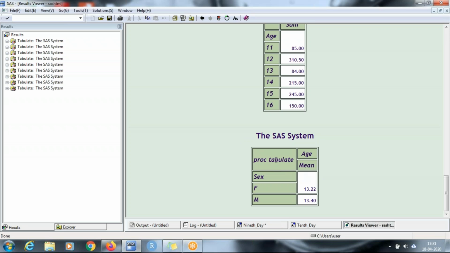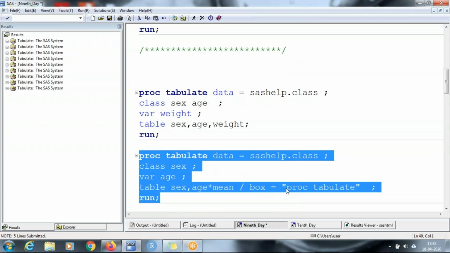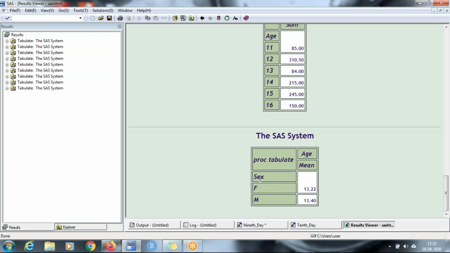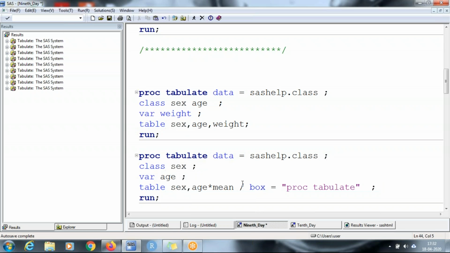So proc tabulate is coming in the box because we have defined it over here. Now you don't want this to be printed, or you want a different name for mean. So we can change that by using the equal to symbol. So for example, I am changing this mean to average, right?